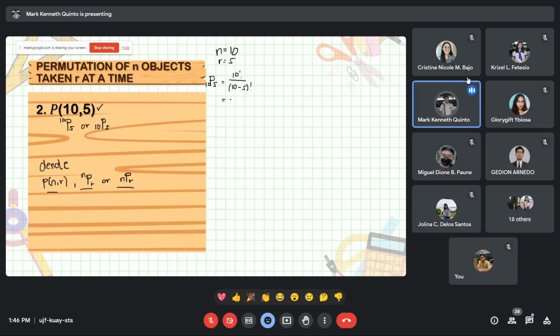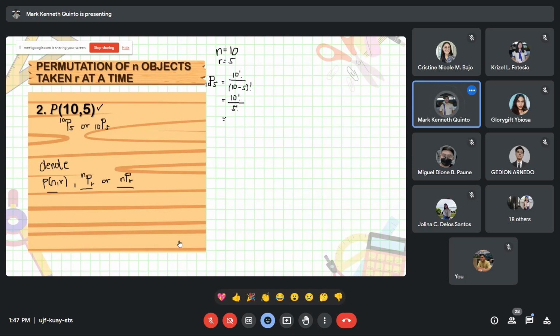So we have to simplify first what's inside the parentheses. 10 minus 5 is equal to what? 5 factorial. Yes, very good. So, how are we going to expand 10 factorial?